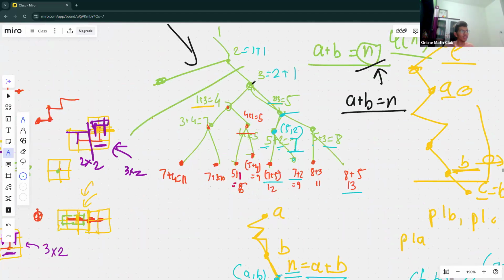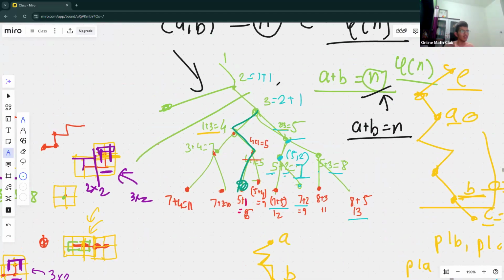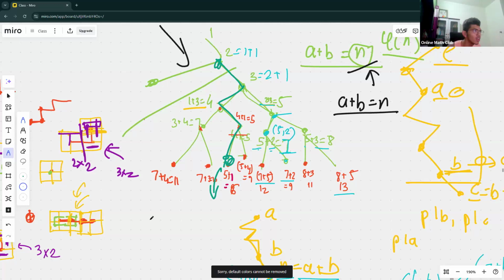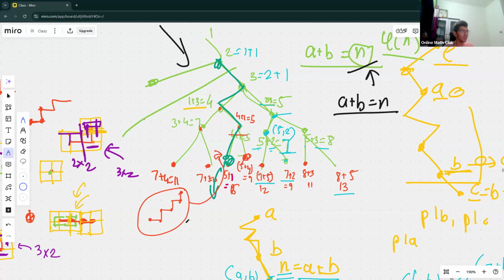The staircase goes like this: left, right, left, right, left, up. This one is denoted at this vertex. And if you consider this vertex, rather than going up, we go only right. This is at this vertex.